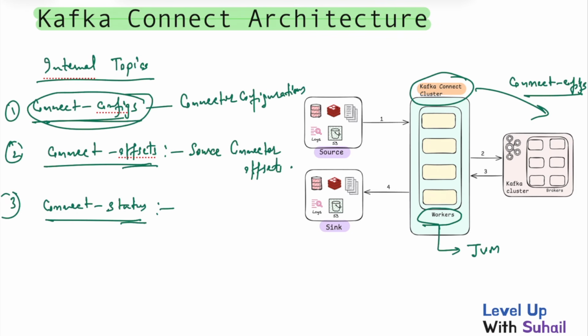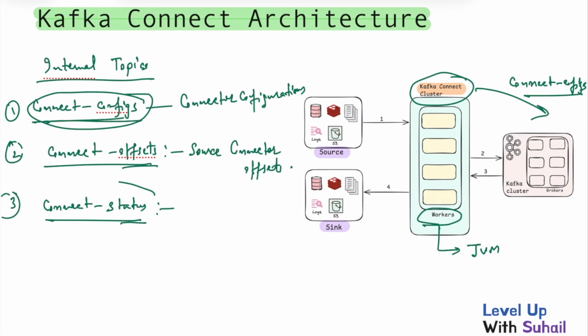For example, the JDBC source connector is continuously publishing the heartbeat. We can configure that heartbeat interval, right? It also reports whether the connector is in running state, failed state, or paused state. So this enables monitoring, rebalancing, and health tracking.